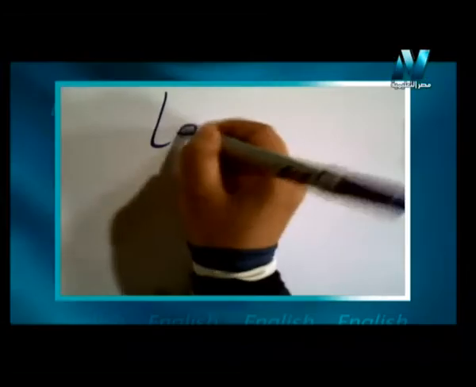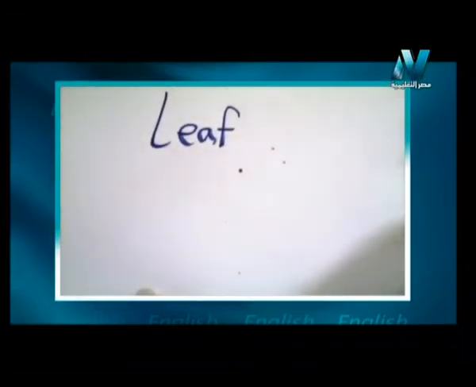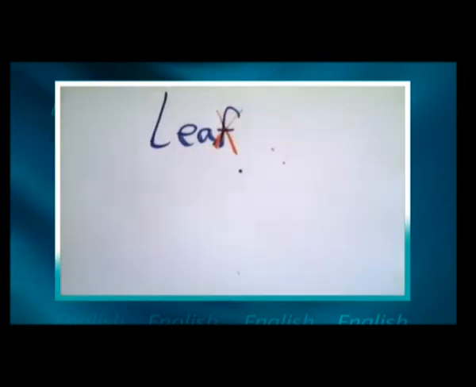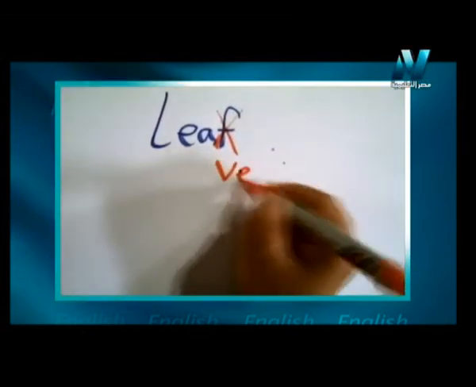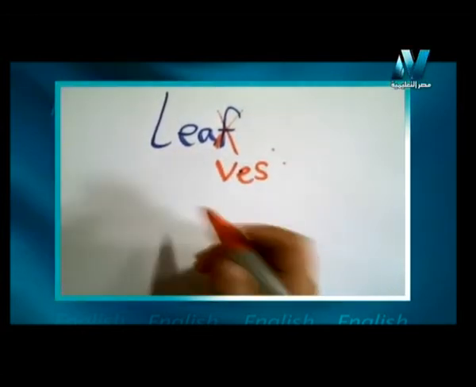Okay? And if I have a word that ends with F or FE, I'm going to cross out the F or the FE and put V-E-S. Like, for example, the word leaf. When I'm going to make a plural form, I'm going to cross out the F and put V-E-S. It's going to be leaves.